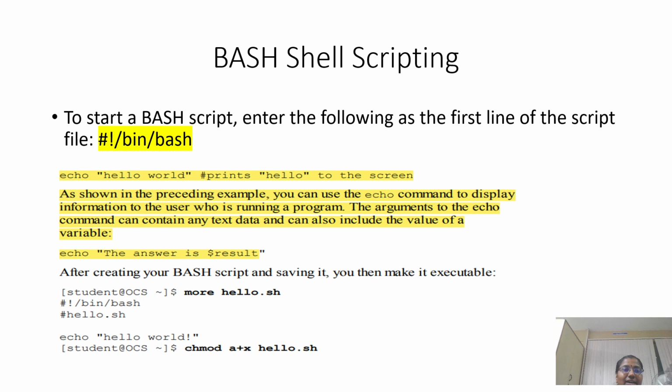Otherwise, the default shell will be sh; bash is the advanced version of sh. So otherwise you can use #!/bin/sh. This should be the first line of any shell script. For example, you can create a shell script that is hello world.